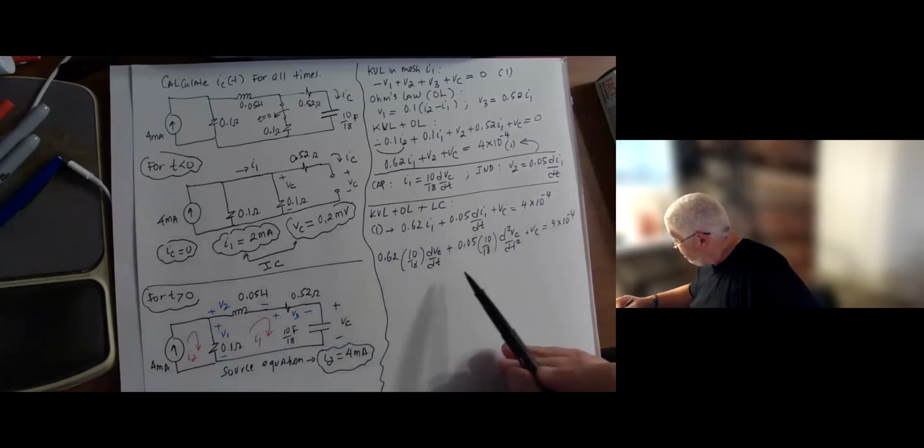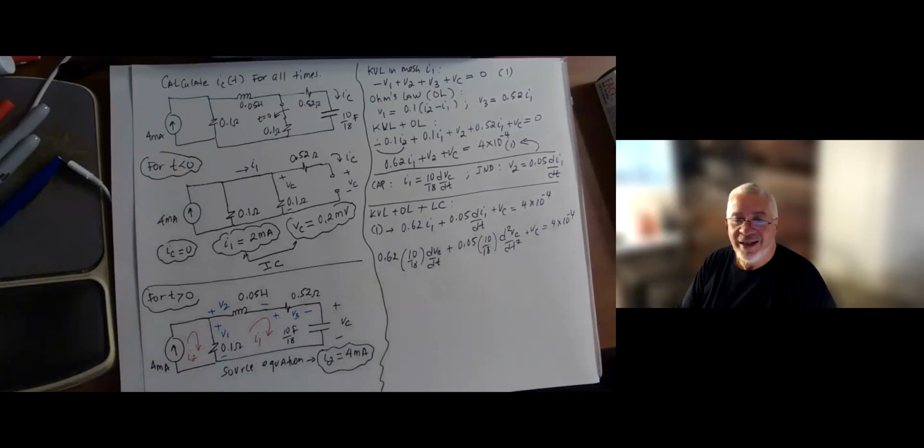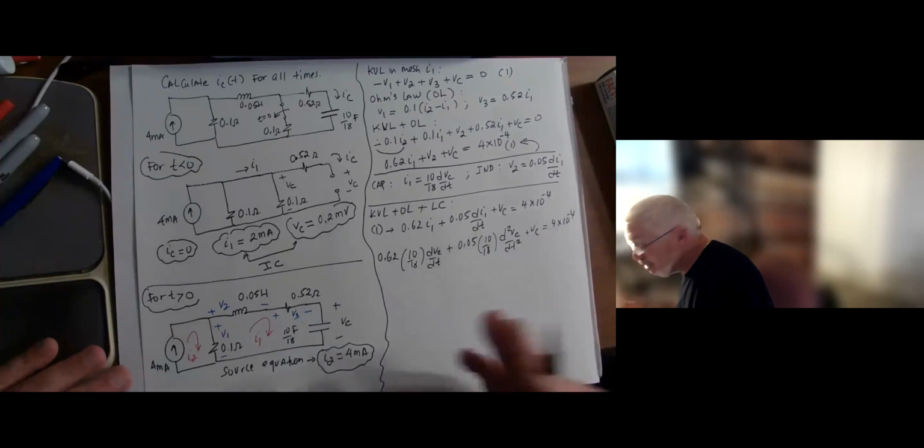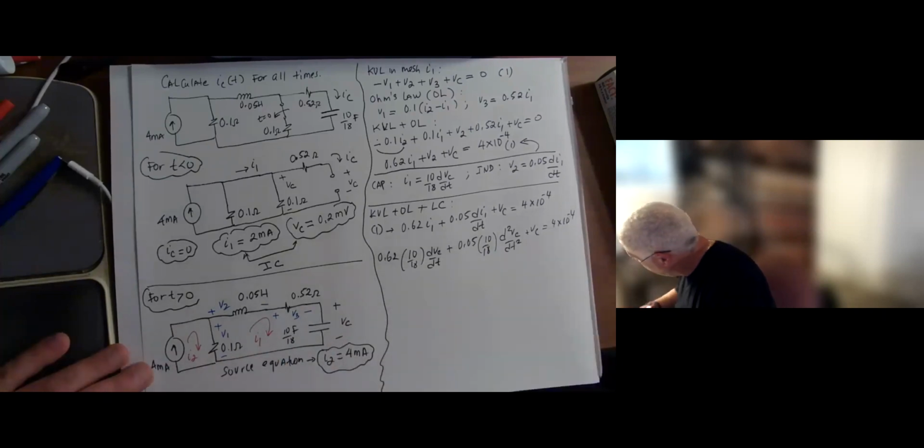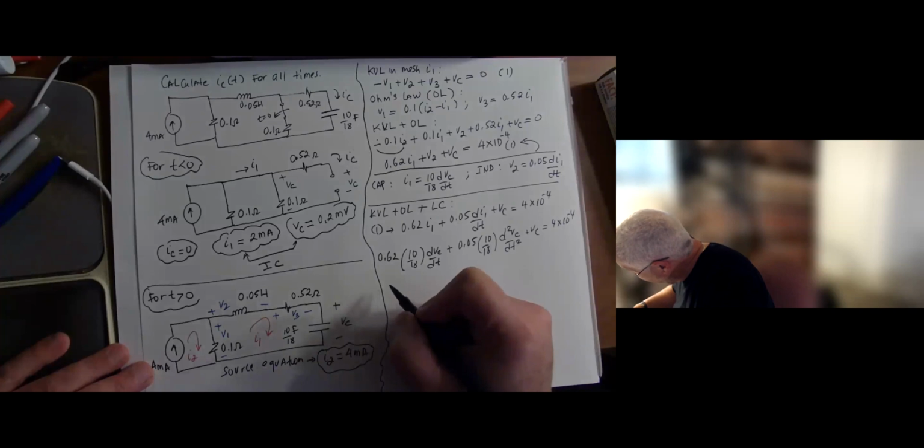I have to basically normalize and essentially write the standard differential equation. I could actually multiply this entire thing by 18. So what do I get?